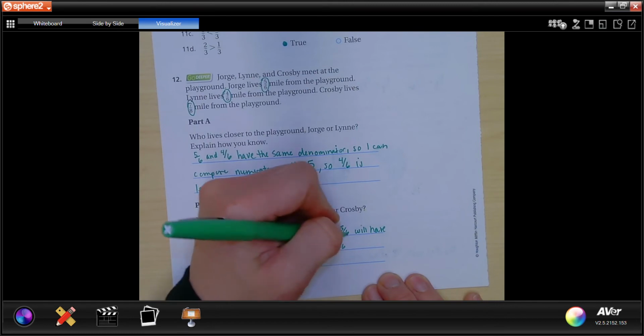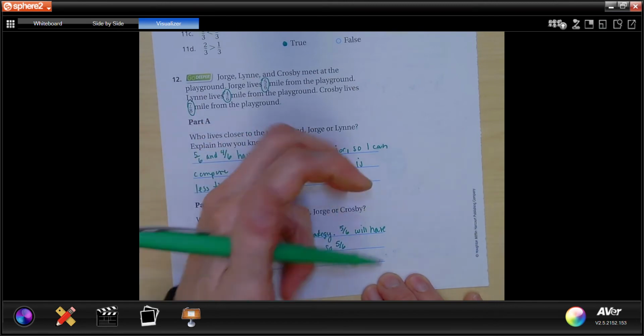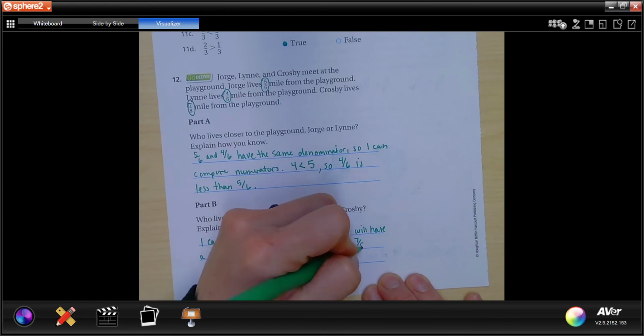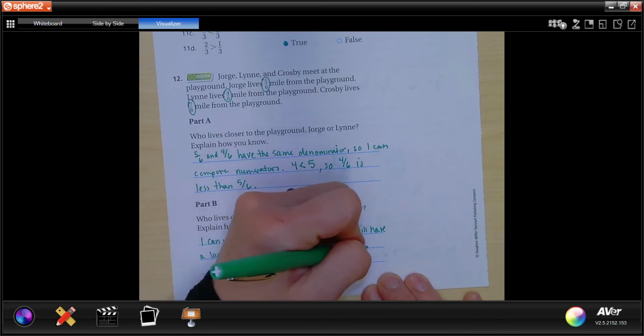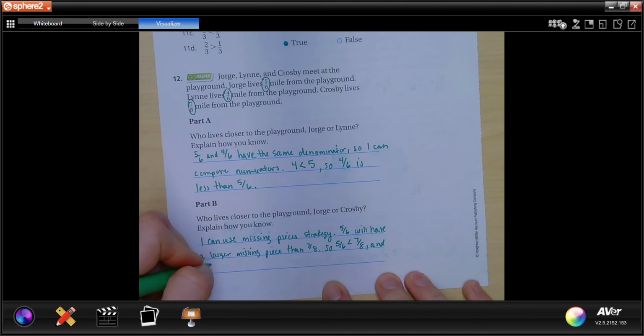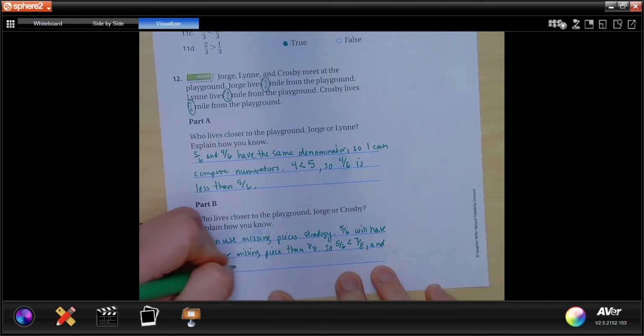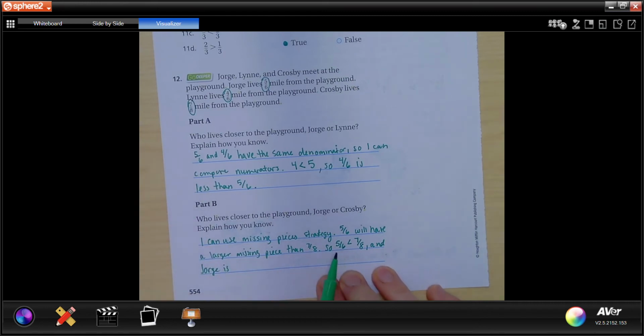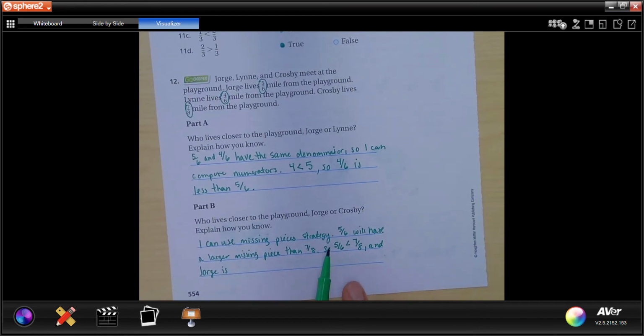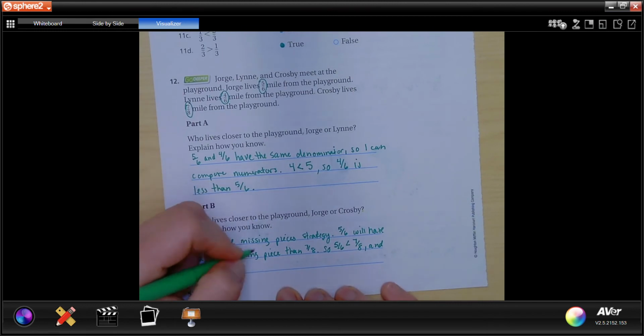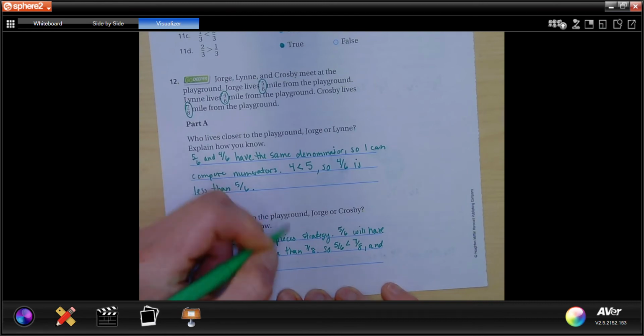So 5/6 is less than 7/8, and George is closer because since 5/6 is less than 7/8, that means he's closer, so George is closer to the playground.